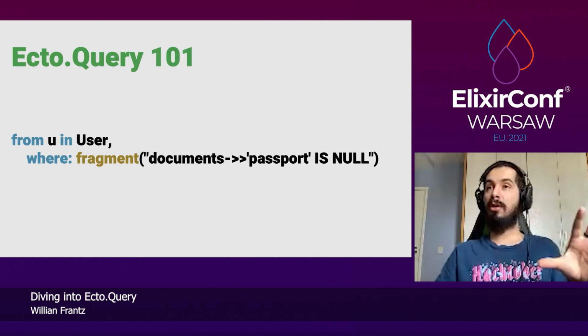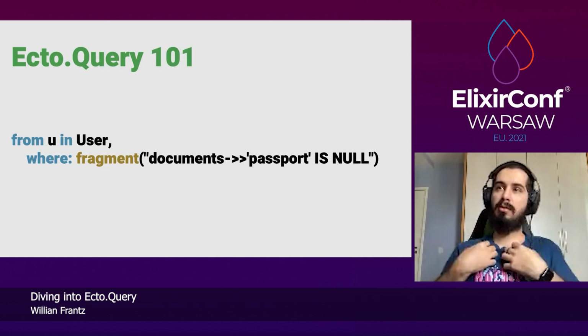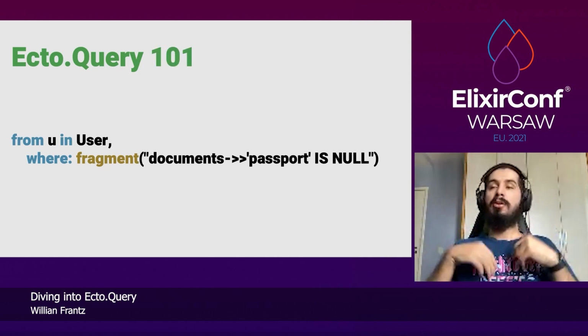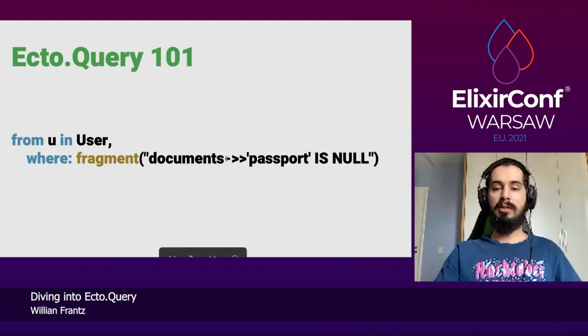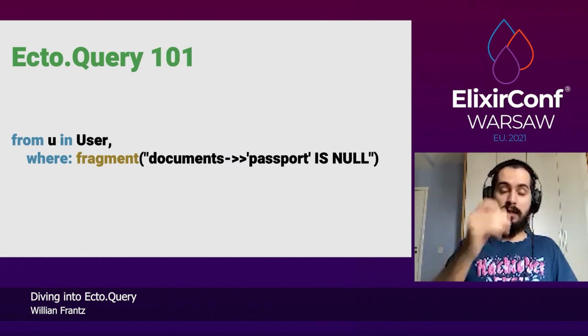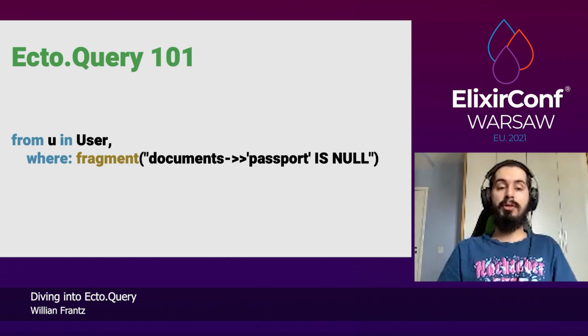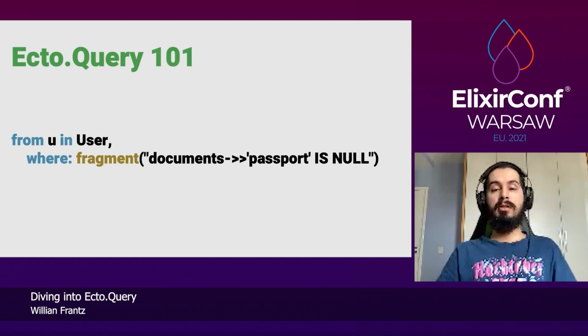So inside these documents, we are holding passport, we are holding social security number, for example. So we have documents of a person, and I could query over them by using these operators, which are operators from Postgres JSONB. So yes, in this query, I am selecting all the users that do not have a passport, for example.